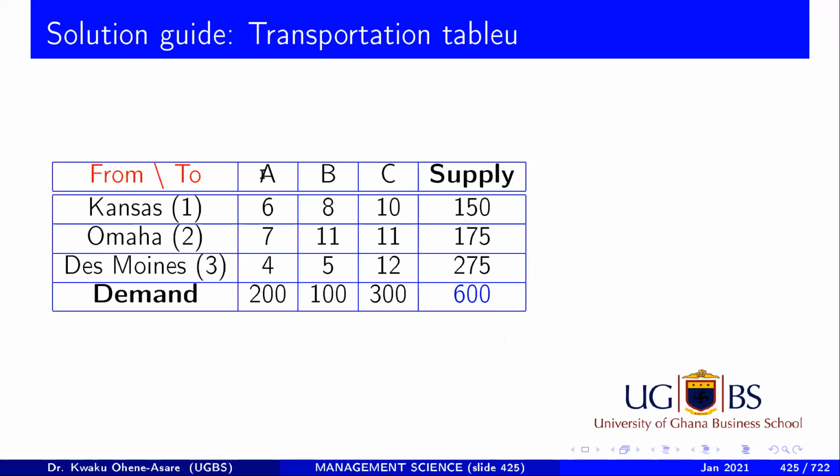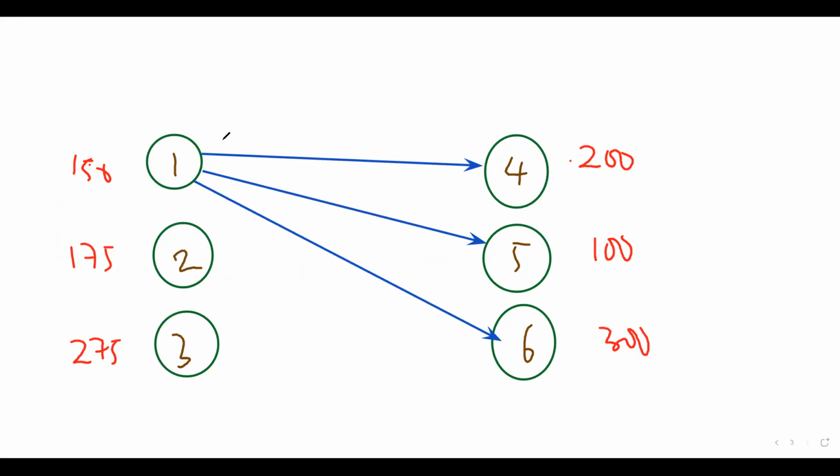Remember, I have called mine this 4, I've also called this one 5, and I've also labeled the C as 6. So we have 6, 8, 10. Those are the costs. So when you go to your formulation, you write 6 for this, you write it at the edge, 8, and then 10. Just like that.